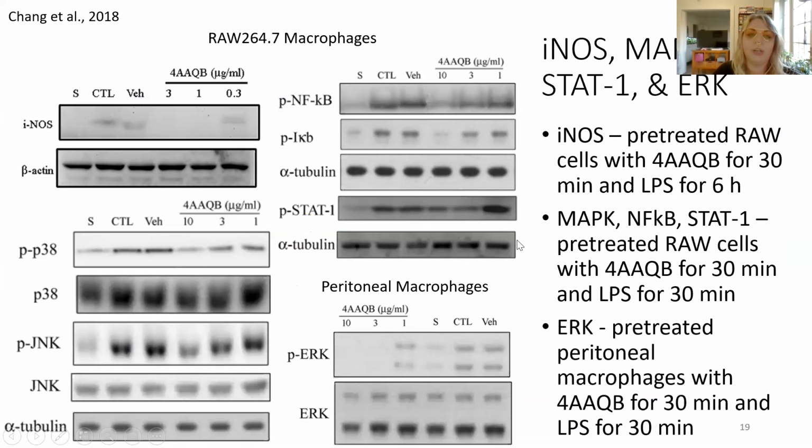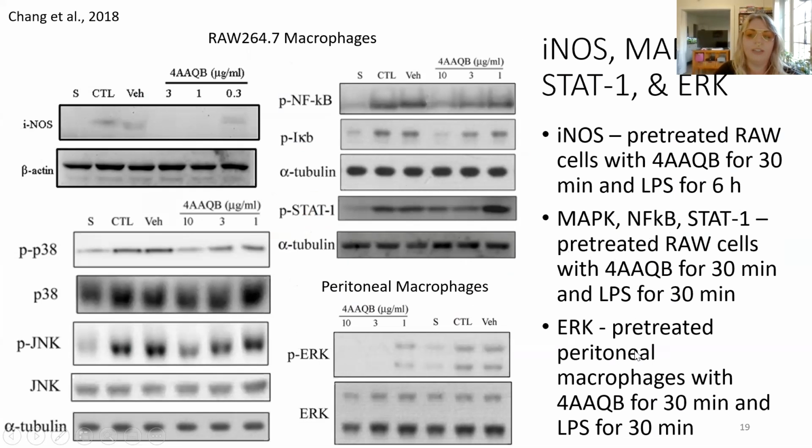And so for how they treated the cells for the NOS, they took RAW cells and pre-treated them for 30 minutes with the 4-AQB, and then added LPS and incubated the cells for 6 hours. And then for the MAP kinases, NF-kappa B, I-kappa B, and STAT1, they incubated the RAW cells for 30 minutes with the treatment, and then added LPS for another 30 minutes.